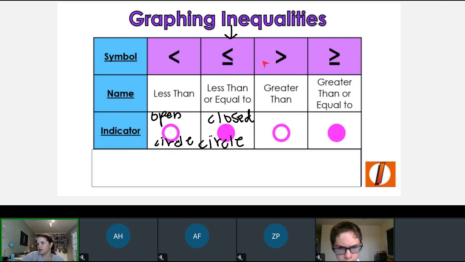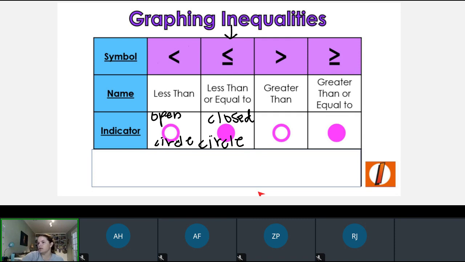You would read your number on the left, so 5 is greater than 4. What we're going to see a lot in solving inequalities is x is greater than a number, so x is greater than 1. And the last one is greater than or equal to. Again, when you have the equal to sign underneath your inequality, you're going to close your circle.